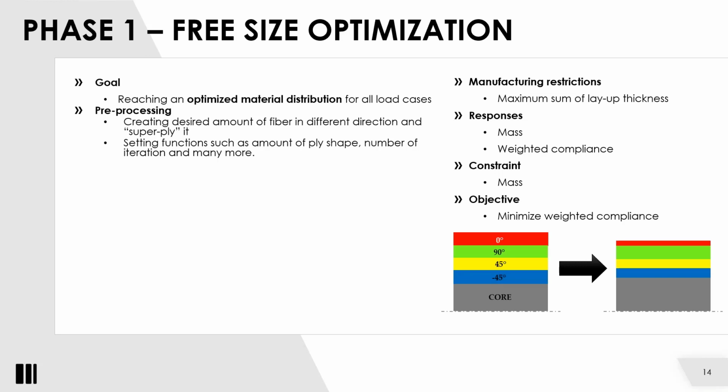The mass is important because obviously you want to minimize it. And the weighted compliance we set up because this is how you optimize the stiffness. We set as an objective to minimize the weighted compliance, so you optimize the stiffness, while constraining the mass.